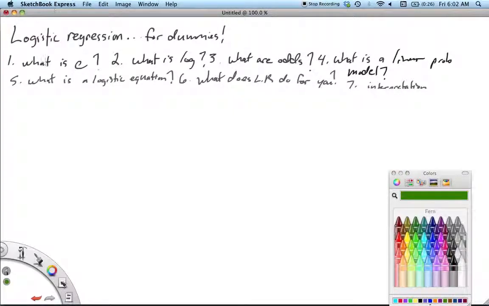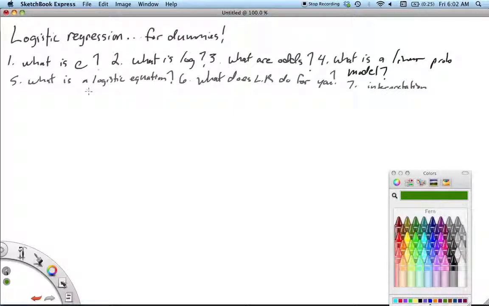Okay, so we've all asked ourselves this question at some point in our lives: what is e? And it's a good question, but I think the thing is to not get too bogged down by it, but rather to just see where it comes from and then understand what that tells you about the situation here.